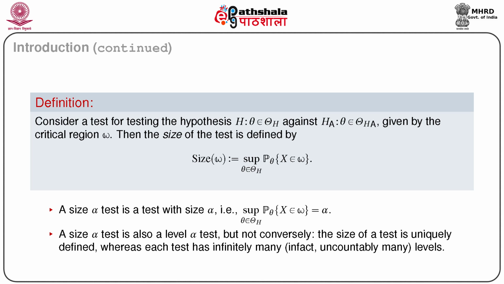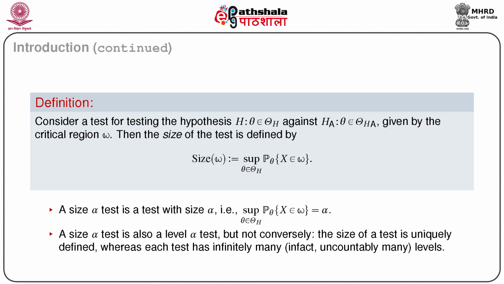A test with critical region omega is called a size alpha test, where alpha belongs to the interval (0,1), if the supremum over theta belongs to Theta_H of the probability that X belongs to omega, that is the probability of type 1 error, is equal to alpha.